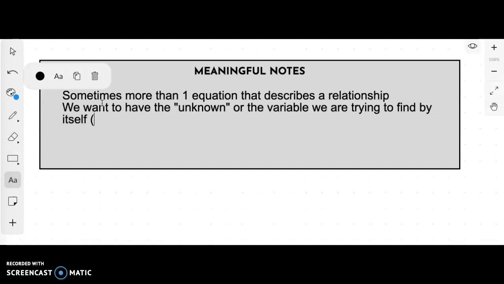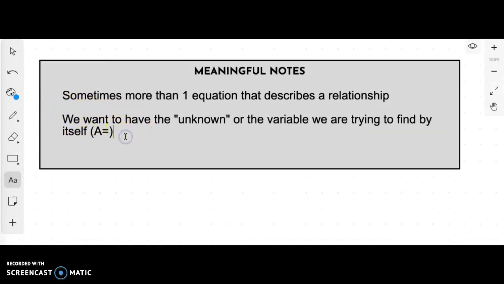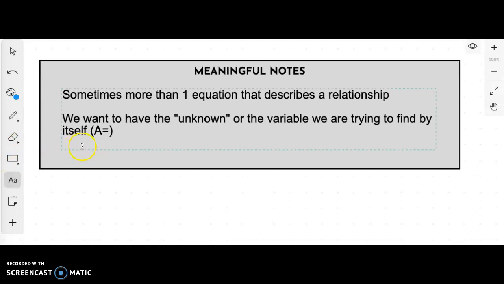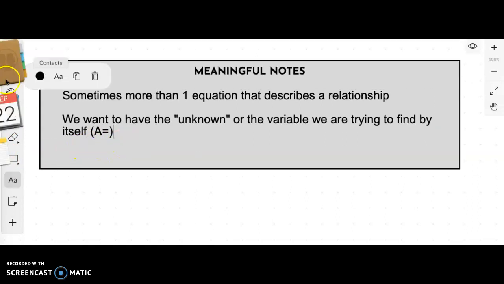So something like, in the last one, it would say A equals. And that's because if that's the thing we're trying to find, everything that we know is going to be on the other side of the equation. So we can plug in all the stuff we know and find out what we need to find. So in our example, I'm going to make a new box right here.